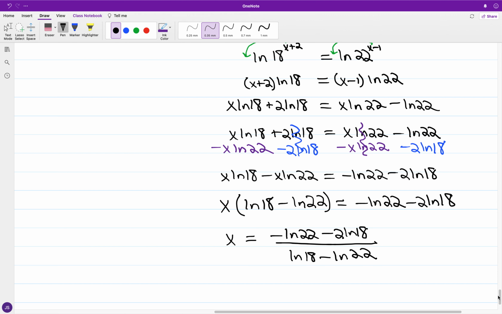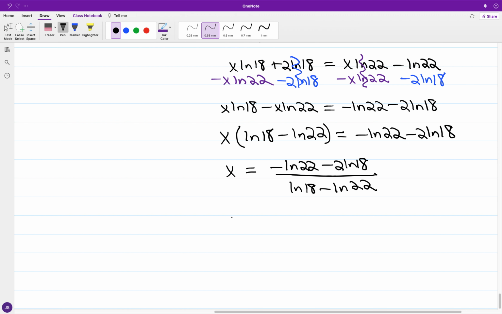Okay, all right, so if I were to put this in calculator notation, I've got this difference here. If I have a ratio between differences for the top and the bottom parts, I want to be able to use parentheses. So using a bit of calculator notation, we have the negative of the natural logarithm of 22 minus 2 times the natural logarithm of 18.